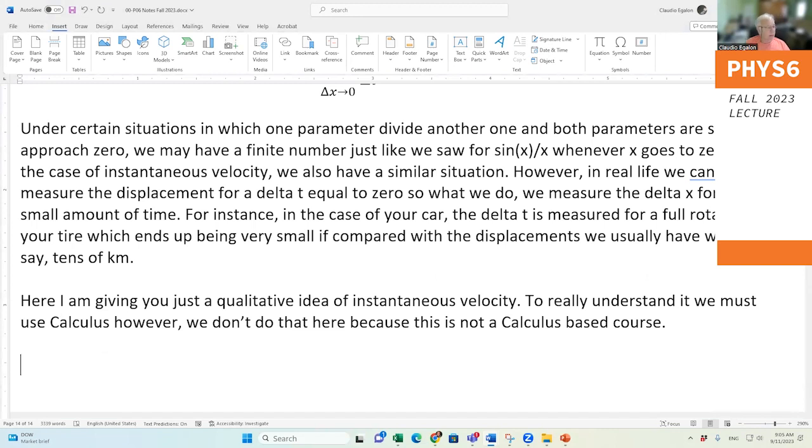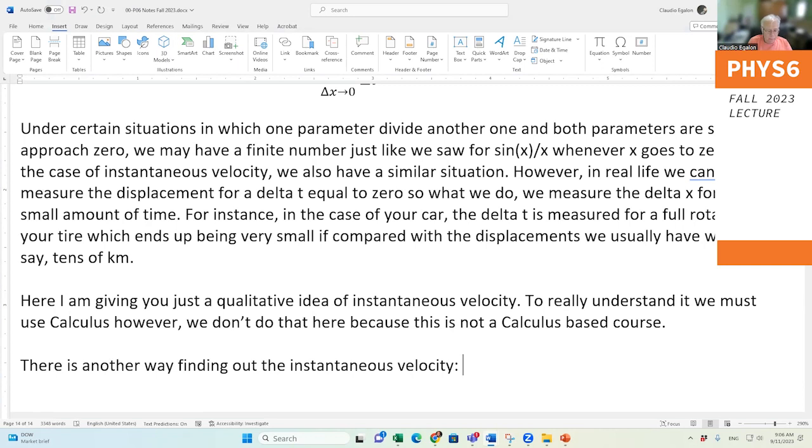But there is another way of finding out the instantaneous velocity. And how do we do that? This other way you must know.